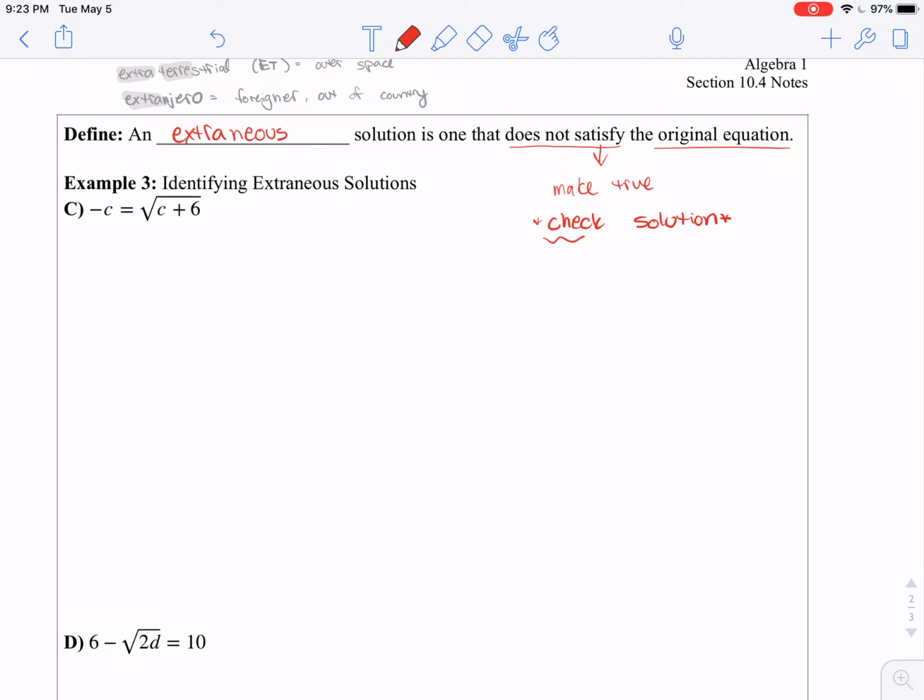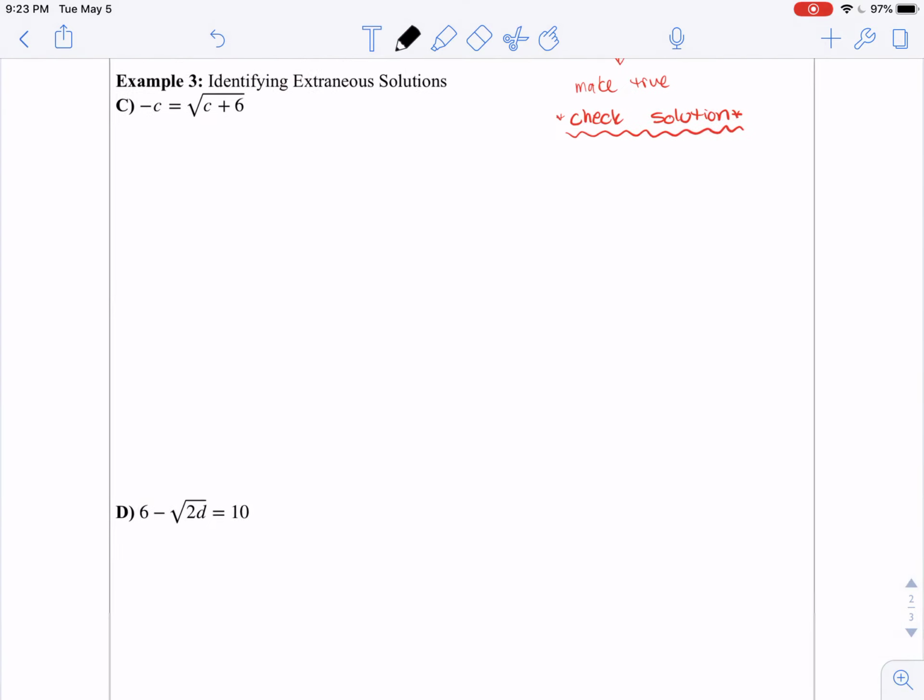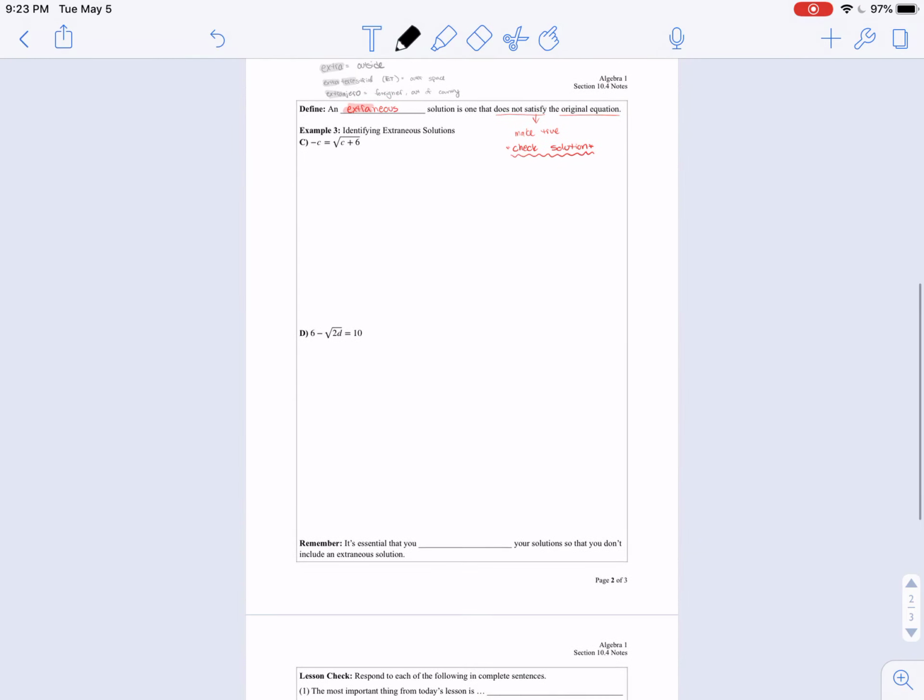Checking your solution is the number one way to check for extraneous solutions. Remember, they're extra. They're too much. We don't need them. They're outside of this possibility. Okay, so what we're going to do now is we have 2 more problems, and then we're going to check for extraneous solutions and go on our merry way.